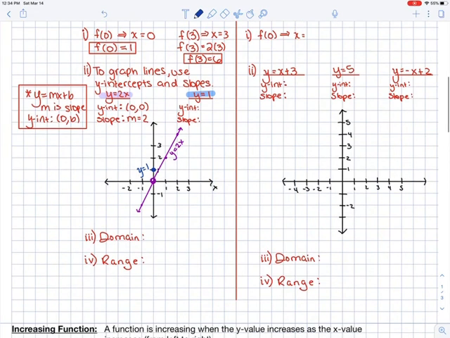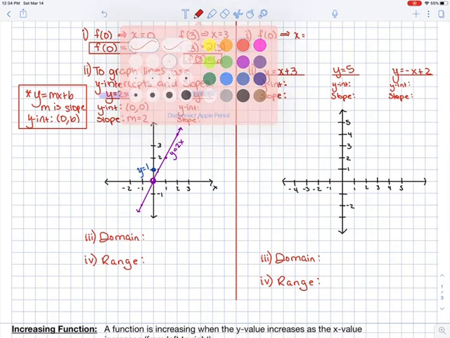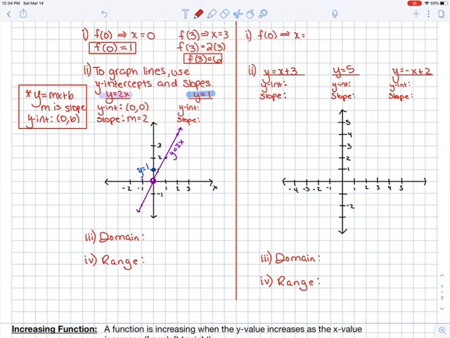Finally, let's look at our domain. Remember that the domain is all the values of x for which the function is defined. Well, this function is defined everywhere. There is an open circle at (0, 0), but we are still defining our domain at x equals 0 because there's a closed circle at y equals 1.